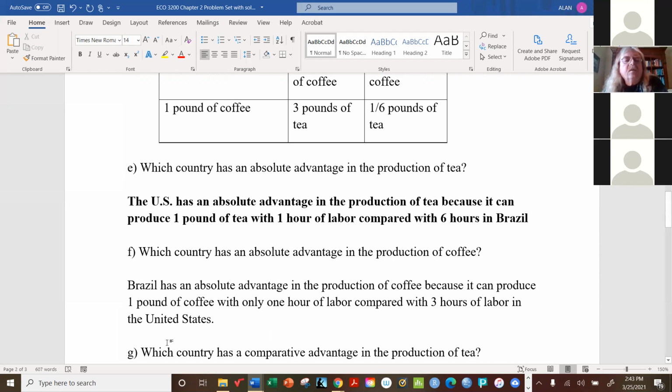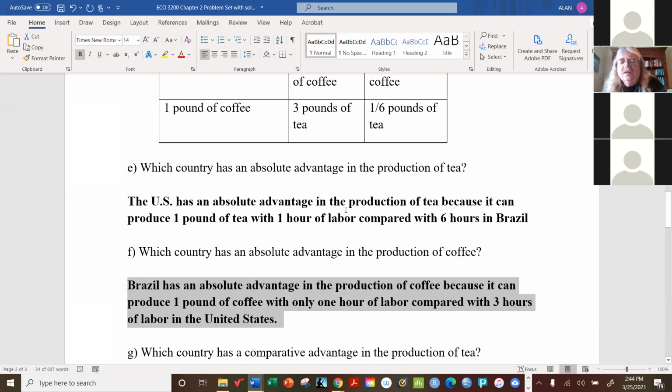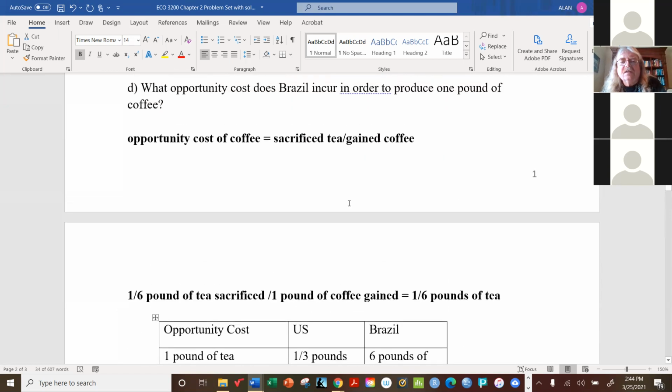So that's what we're looking for. We're trying to figure out who can produce the good with the fewest hours of labor, or in general, with the fewest resources.